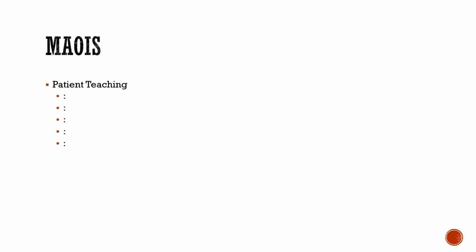Patient teaching. We're going to teach them to obviously avoid foods containing tyramine, and we'll get to that in a minute. I've got a slide about that. It's going to take about 2 to 4 weeks to start feeling effects. It can cause some agitation, so be careful of that. When taken properly, it may cause orthostatic hypotension. They need to understand to rise slowly, change position slowly, and be aware of that potential for dizziness.